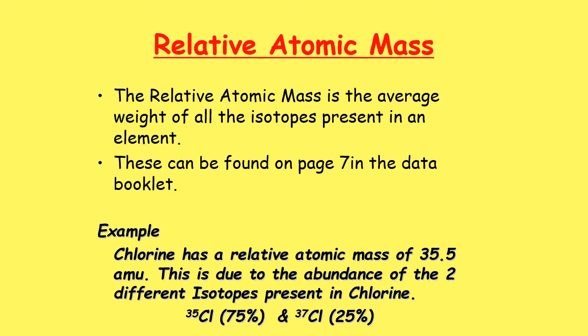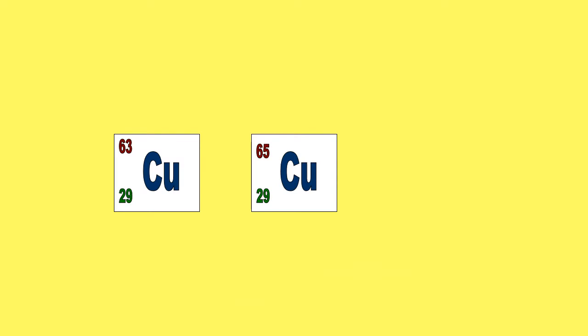When we take into consideration the mass of each isotope and their abundance, this works out to be 35.5. I will show you the equation later on in the slides. However, the equation will always be provided for you in an exam should you need to use it. It's not an equation that you need to remember.